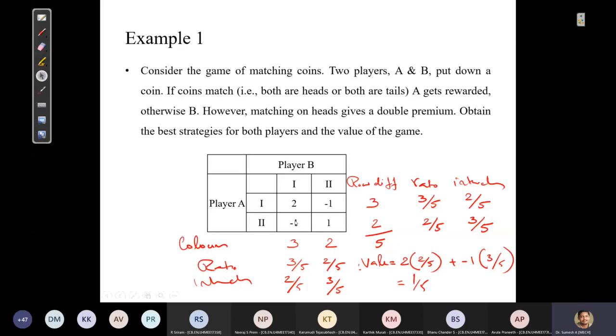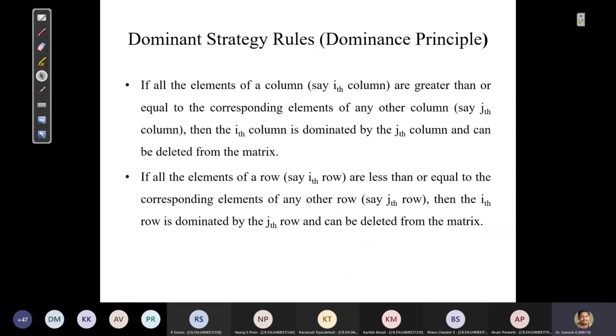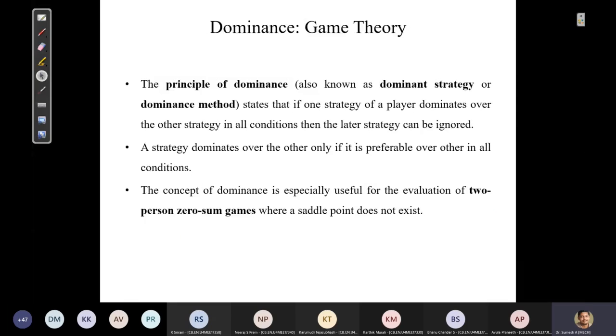That methodology is normally called the dominance rule, or dominance in game theory. The principle of dominance, also known as the dominance strategy or dominance method, states that if one strategy of a player dominates the other strategy in all conditions, then the latter strategy can be ignored.